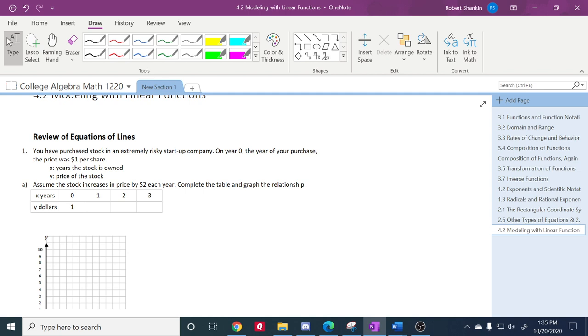Now, this reminds me of when I was first playing around with the stock market, maybe 30 years ago. You might be curious to know that more than half of the U.S. population now owns some kind of stock.